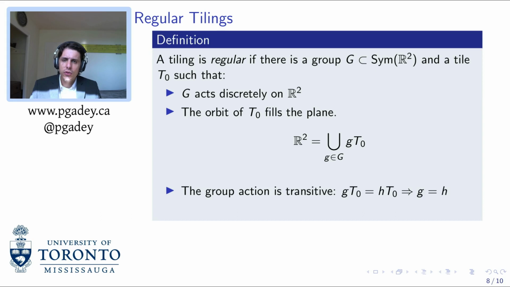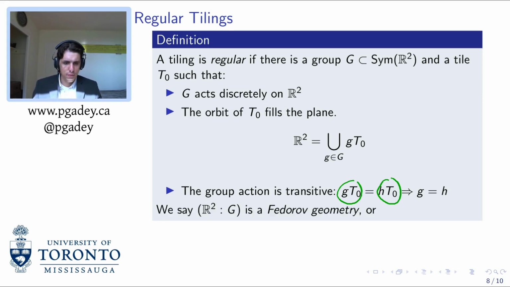So what does the condition transitive mean for a group action? We need that if two group elements, g and h, give the same tile in our tiling, then g and h had to be the same group element of the group G. So this is saying that our group action is not redundant in any way. Every g takes us to a different place in the tiling.